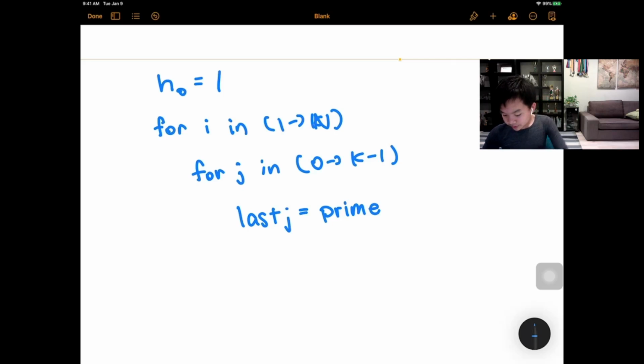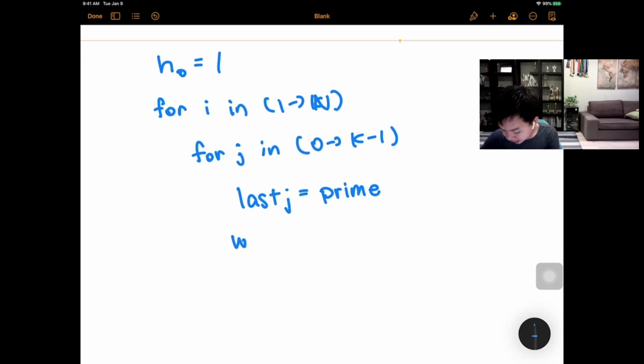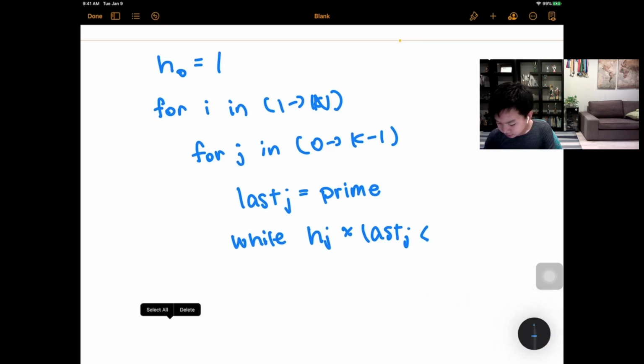Then we want to increment our last while this value, humble of j times last of j, is less than humble of i minus 1, because you know that h of i must be greater than h of i minus 1.